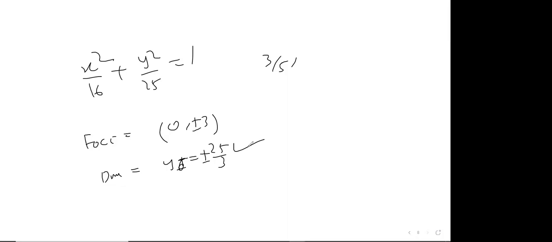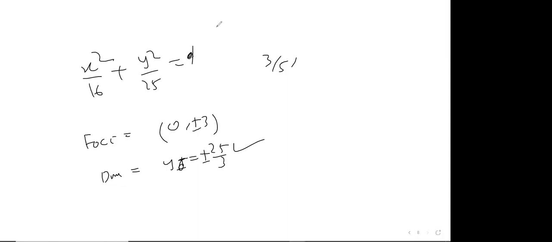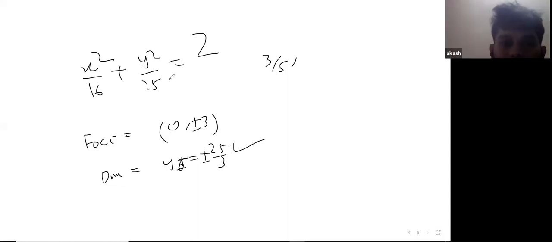No issue. I had a question on the equation. What if there is 2 instead of 1 on the right side? Like, this equals 2. I think I remember from my previous classes. Just divide by 2 on both sides.